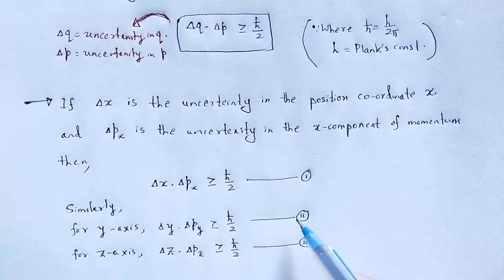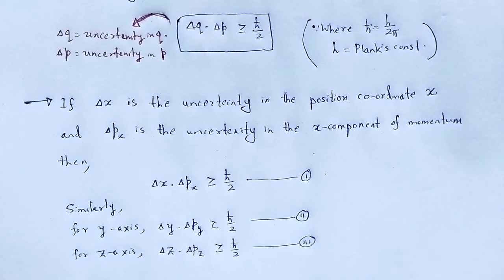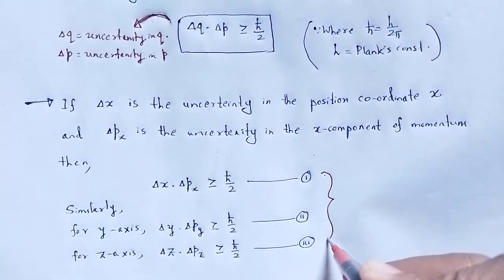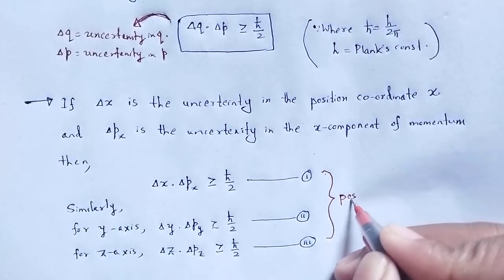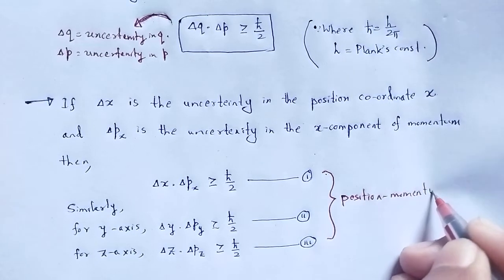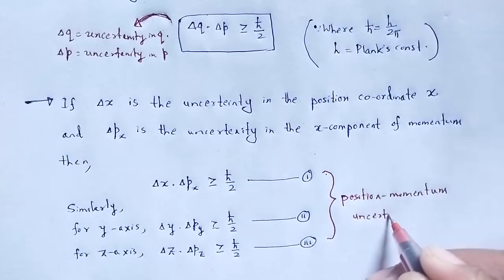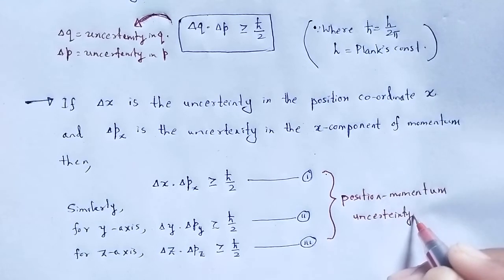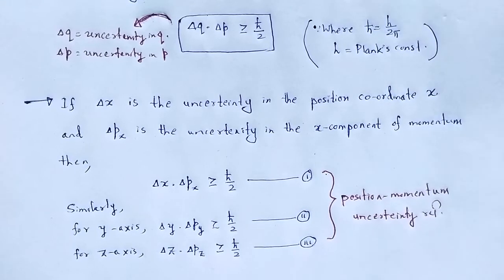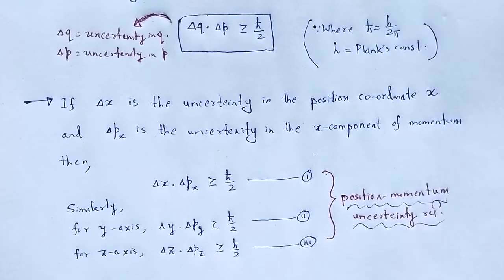These three relations are named the position momentum uncertainty relation. That means position and momentum are canonical conjugate variables.